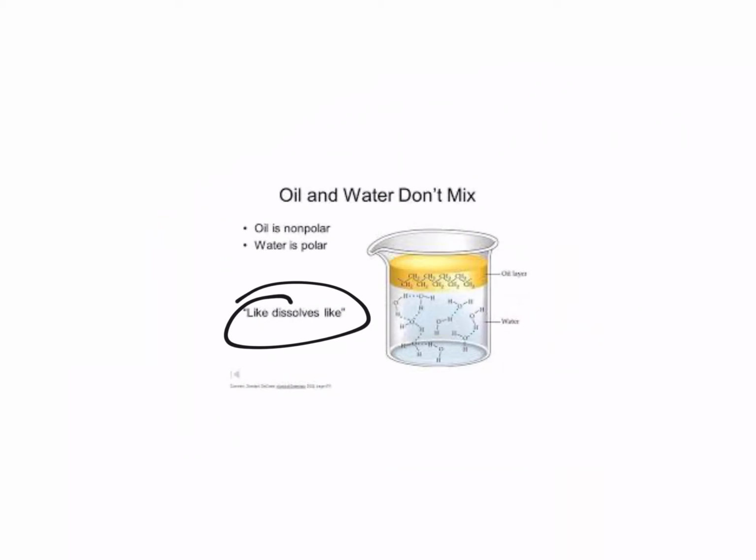This explains why vinegar and oil don't mix, or water and oil. The reasoning behind this is because oil is nonpolar and water is polar. It's because of their difference in polarity, and they don't form new bonds with these molecules and thus cannot mix.